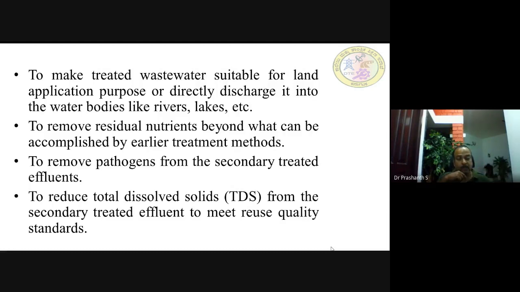Definitely these are nutrients, and these nutrients will activate the algal activity in the water and result in eutrophication.